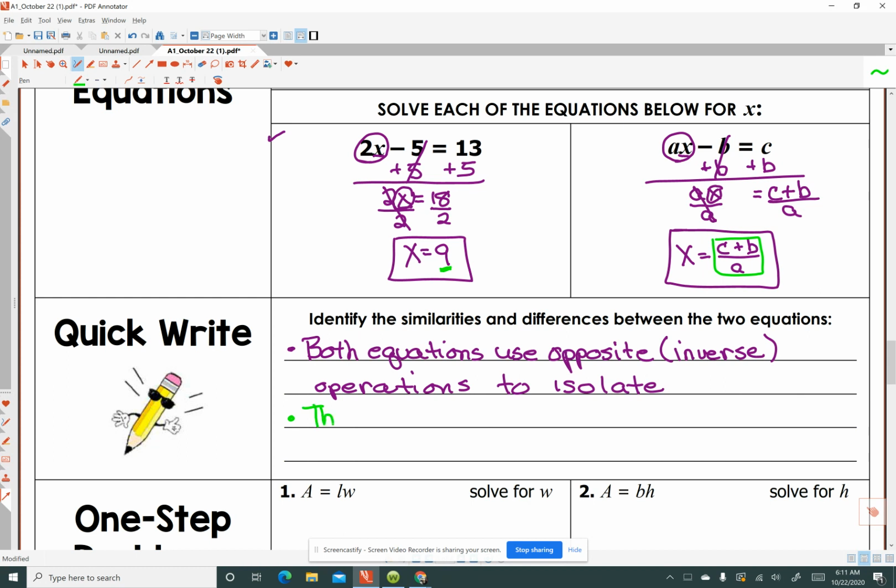So the literal equation does not simplify nicely due to multiple variables.